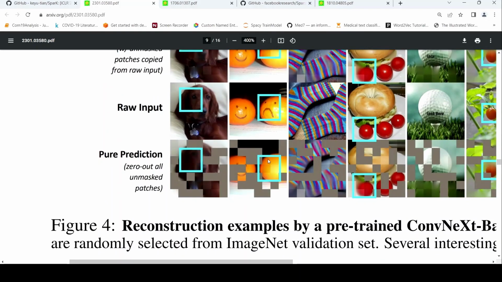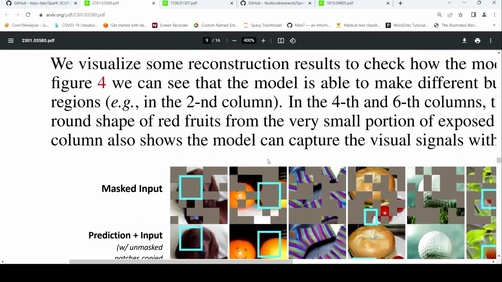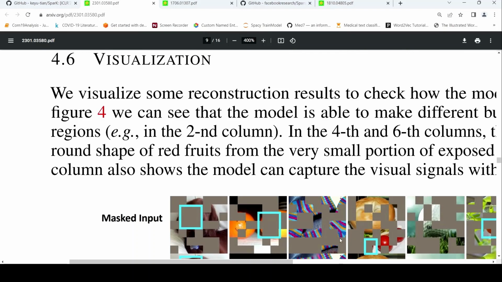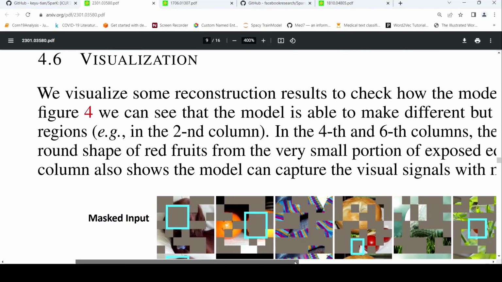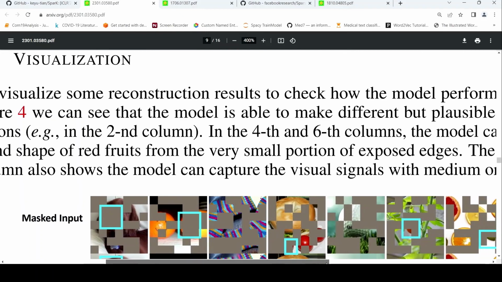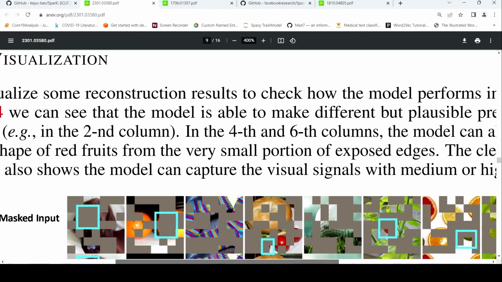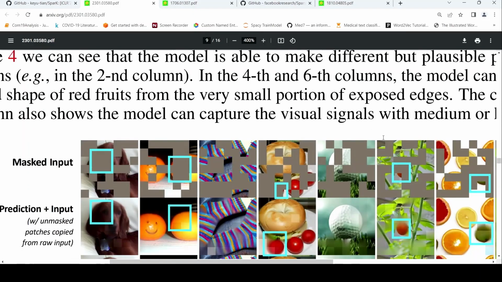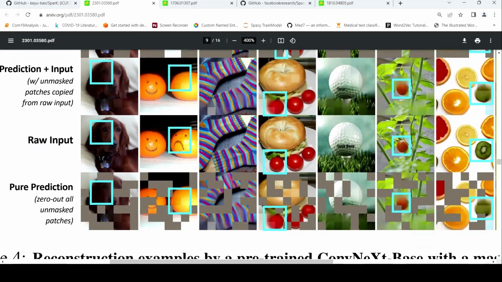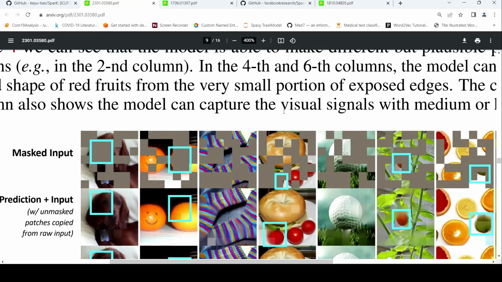What they are saying is that in the particular columns, the round shape of red fruits from a very small portion of exposed edges can almost be reconstructed. Some clear texture has been reconstructed in this particular image, in the third column.